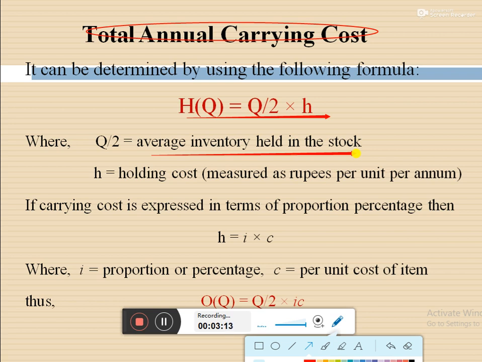And in the fixed order quantity system, the minimum inventory kept in stock is equal to 0 and the maximum inventory kept in stock is equal to Q, that is the order quantity.